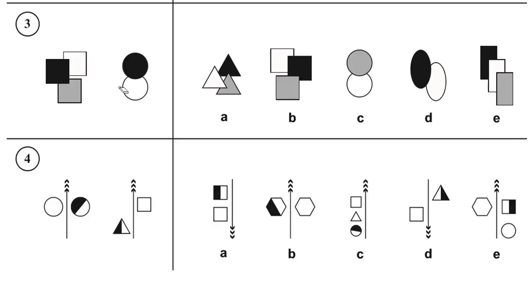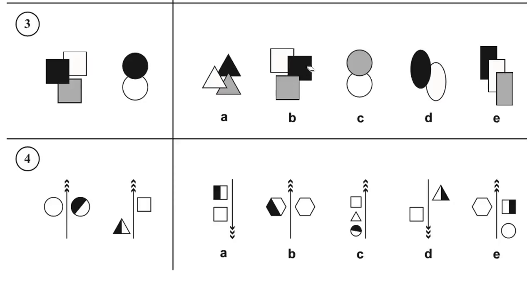Now the other thing I notice is that this black seems to be in front of the other shapes. So if you look at this black here, it's overlapping the other ones. It's covering up the other ones. So the black is in front and the other ones are at the back. This black is in front and this white one is at the back of it. So you must have a black shape that is in front of all other shapes. If you look at A here, the black is at the back, so it can't be.